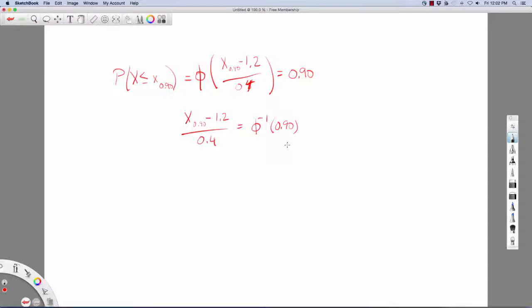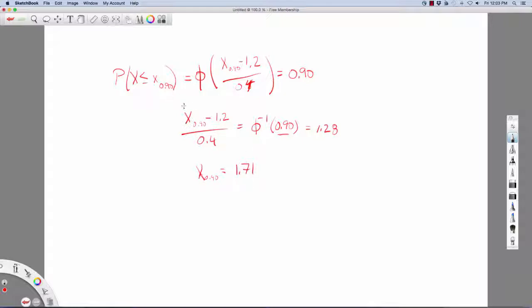We want this to be equal to the 90th percentile probability, so 0.9. From table A.1, we look for the CDF function value of 0.9, and we find that it's associated with a value of 1.28. So we simply cross multiply and add, and we end up with x at the 90th percentile equal to 1.71 in units of MGD.